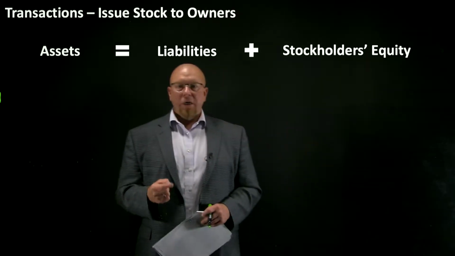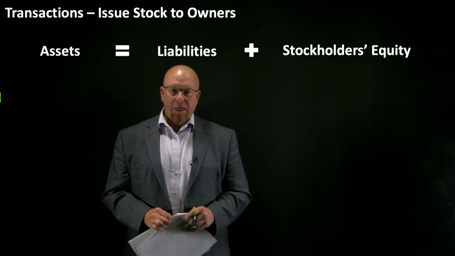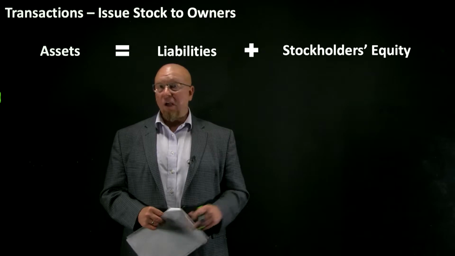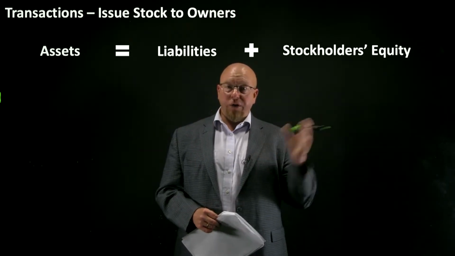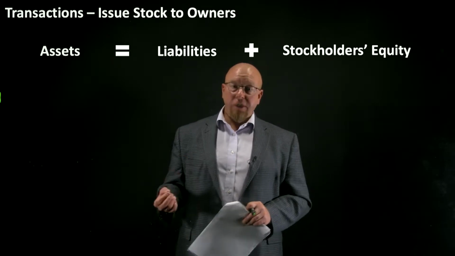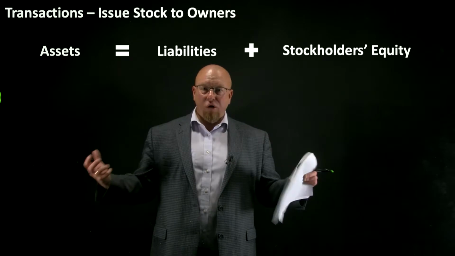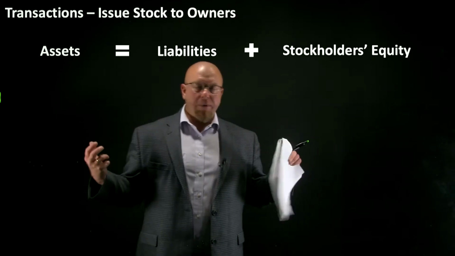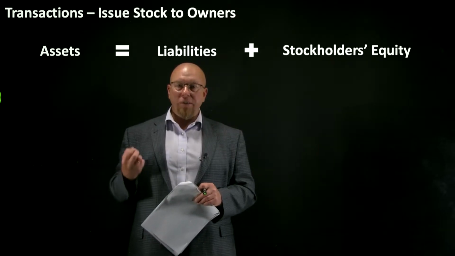If you wanted to, you could form your own corporation within the next few hours. There are ways you could do it yourself, or you could go to an attorney and they could help you file articles of incorporation. And after you did that, and they were accepted by the state, you would have an entity, a corporate entity. But a brand new corporate entity is just like a baby that comes into this world. Penniless, it owns nothing.